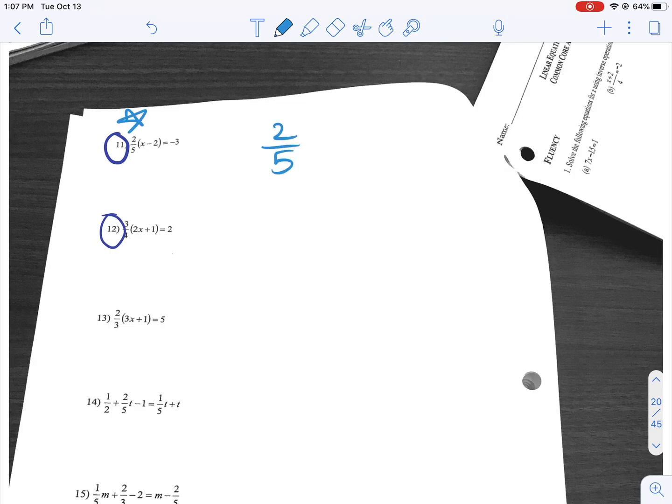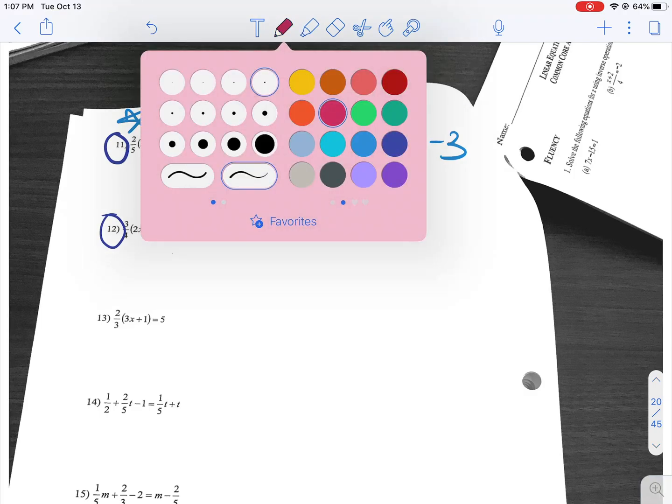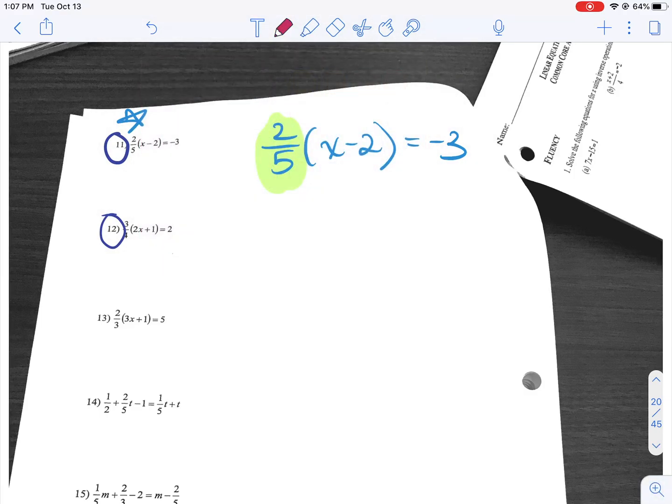So 2/5 x minus 2 equals negative 3. If you notice, we have x outside a fraction. We want to, and we actually did this to start. That was a good review. We're going to go back. I'm going to cancel this by multiplying by the reciprocal. So we're going to multiply by 5/2 on both sides.